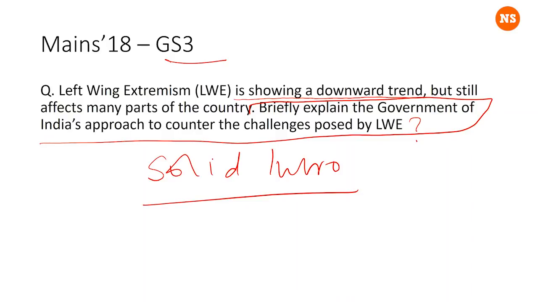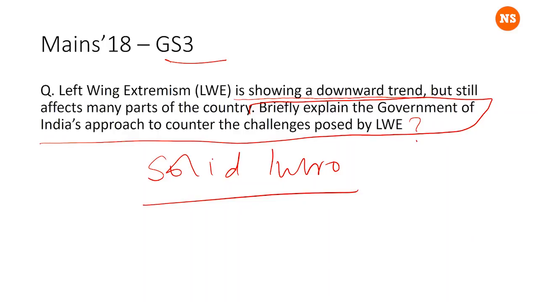And a very relevant news in this context was that the government has removed 44 districts from the list of Naxal-hit areas. Why would the government remove 44 districts from the list? Only when it sees that these are being managed well.